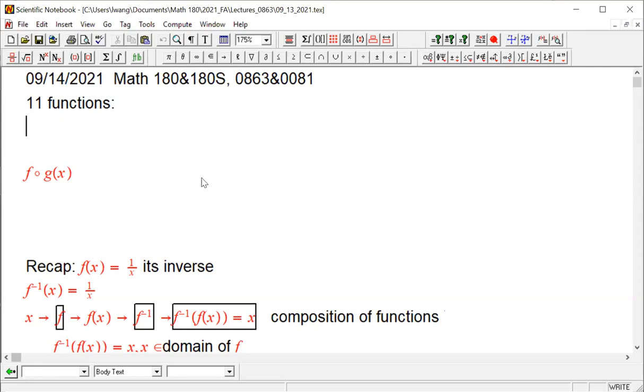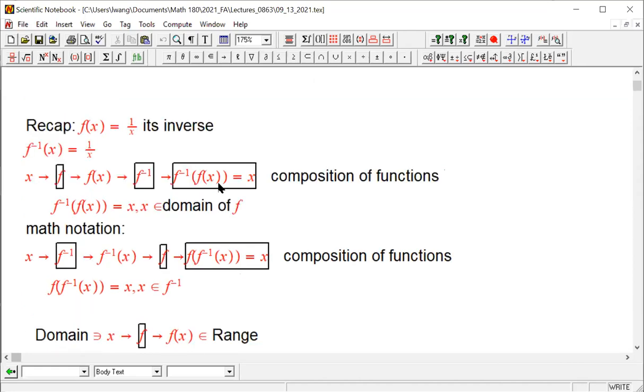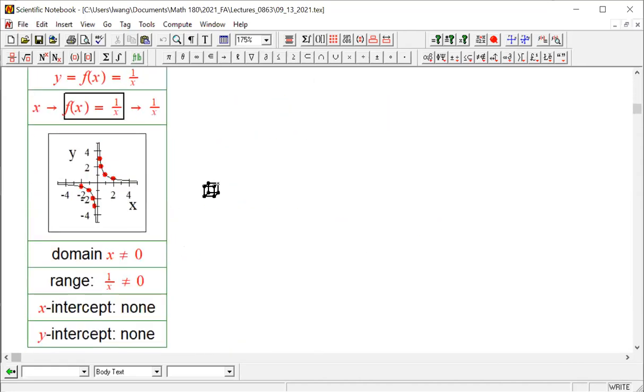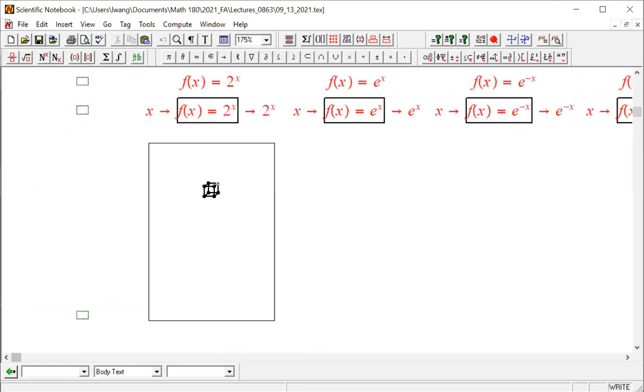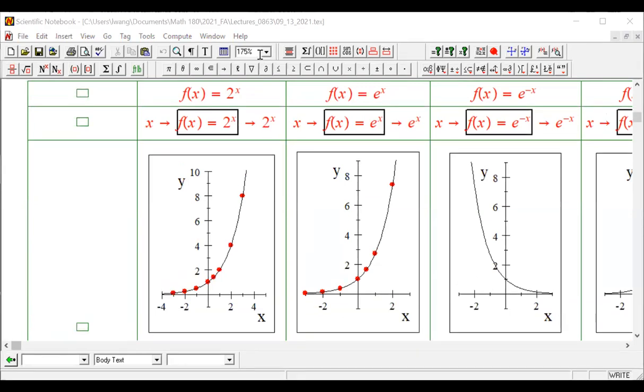Okay, let me write down all these 11 functions. Could you get those tables for yourself? We're going to do something fun at the beginning. I promise you, it's not going to be terribly hard.